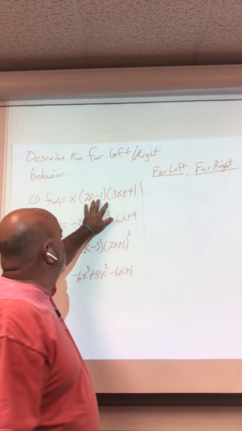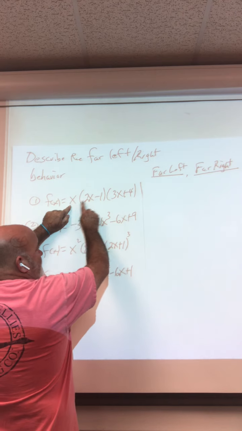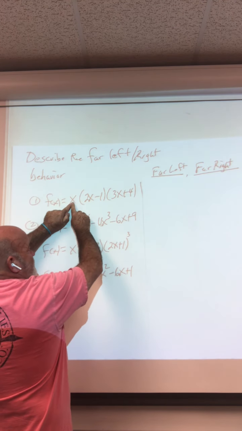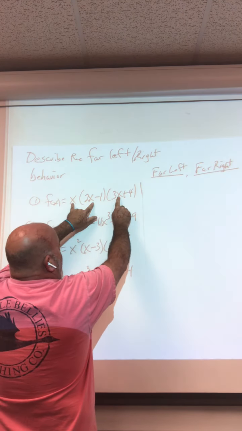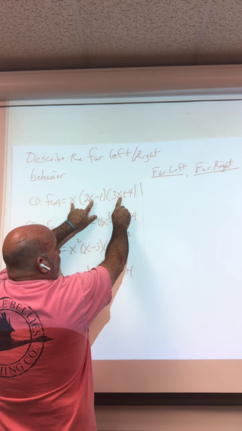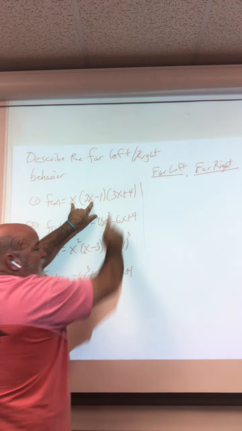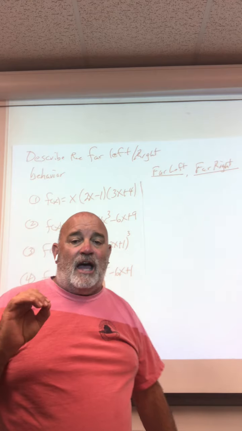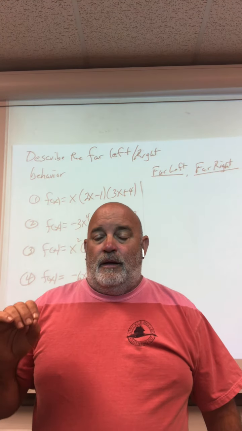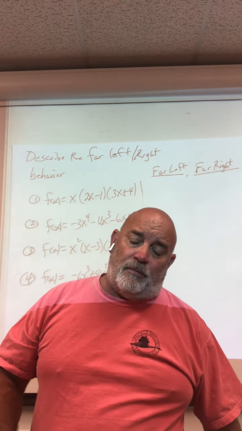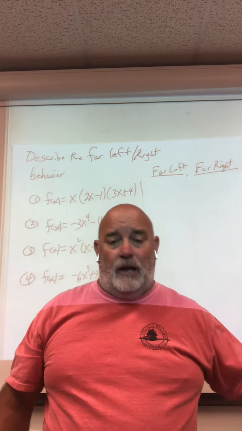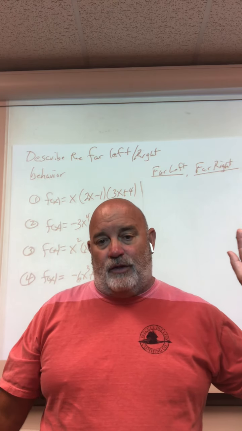All right, so let's see what degree this is. Well, this is in factored form. So this is an x and an x and an x. So this is x, three of them, so that's x cubed. So that means odd degree. That means it's either left arm down, right arm up, or left arm up, right arm down. One of the two.